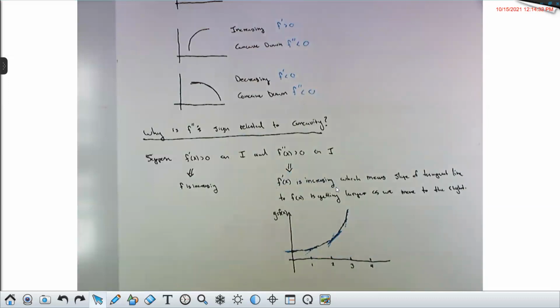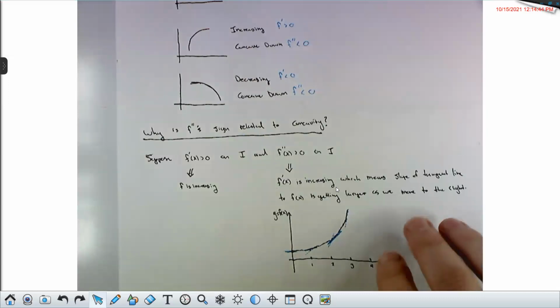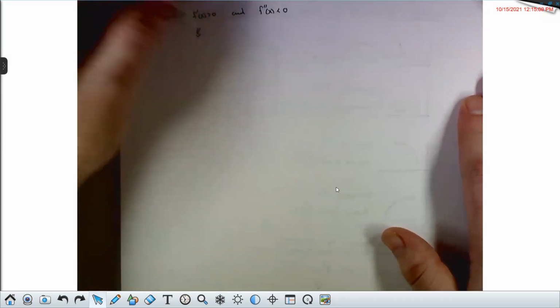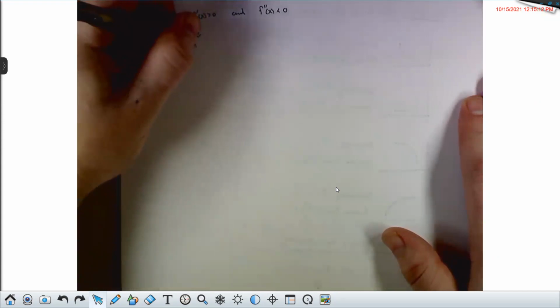I can look at one more little example like this. Let's assume that f is increasing and f double prime is negative. So since f prime is positive, again, f is increasing.